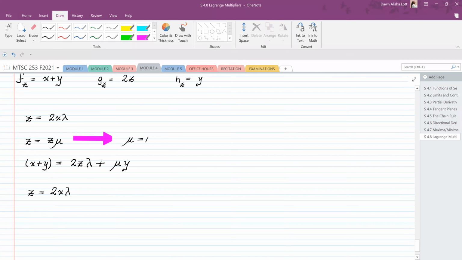And down here, this gives me x plus y is equal to 2z times lambda plus y. So I can see that the y's are going to drop out, and I get x is equal to 2z times lambda. So that's my other equation.